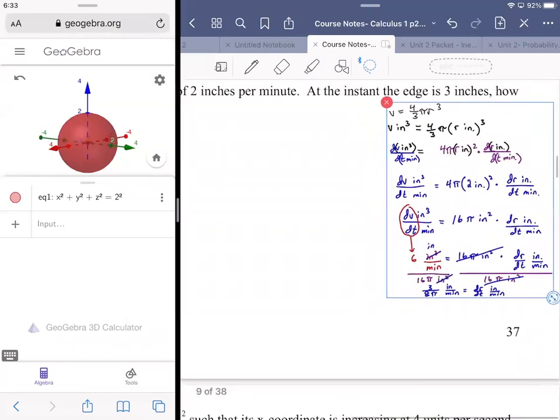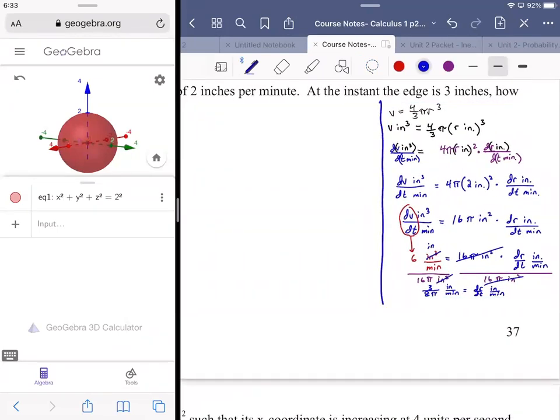But that's a little bit of a justification to explain to you that the units don't just come out of thin air. In fact, if you're anything like me, you probably get annoyed when units do come out of thin air.